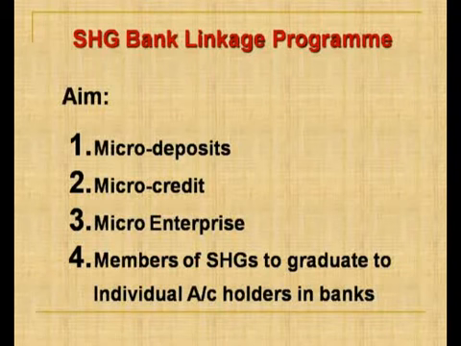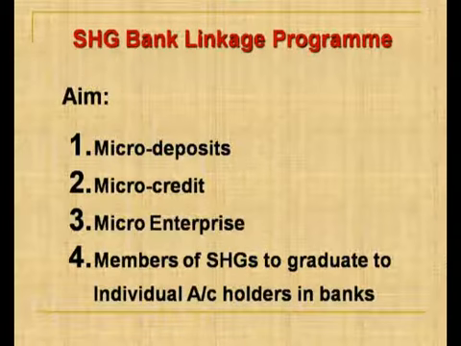Then another aim of this group approach is that right now they may be members of SHGs, but they are to be empowered to such an extent that they become individual account holders in the banks. So from interdependence to independence. This is the way the group approach gives a solution to the problem which bankers have had in keeping the poor in the main banking fold.